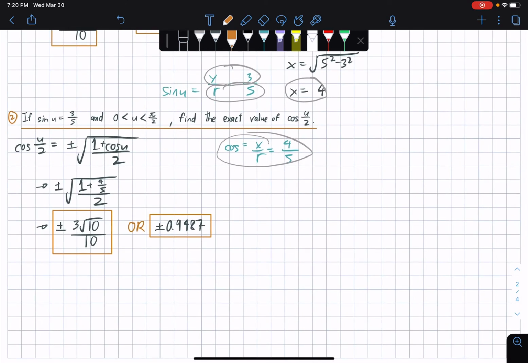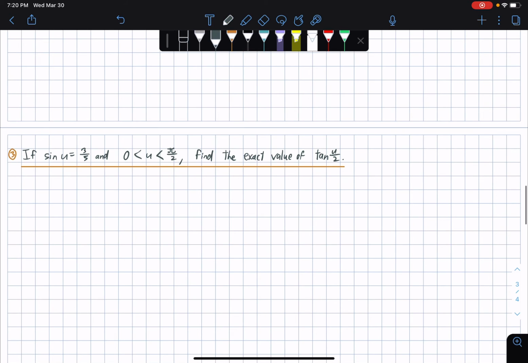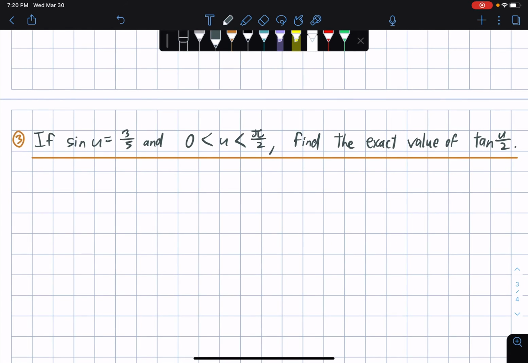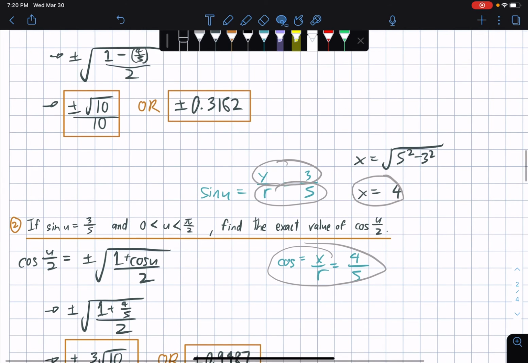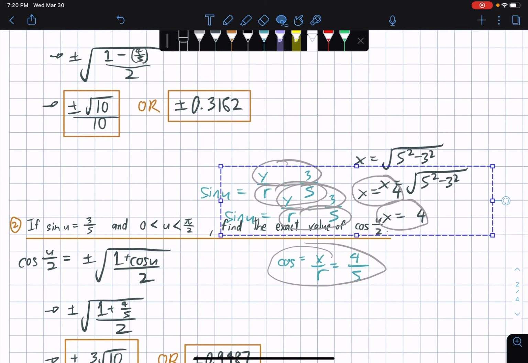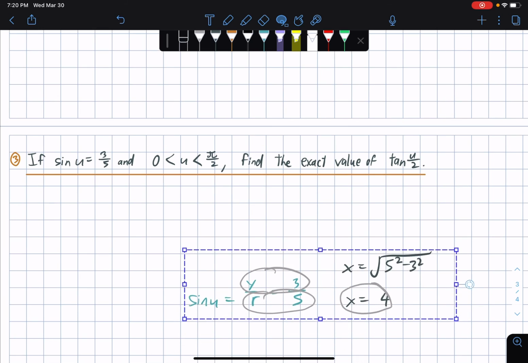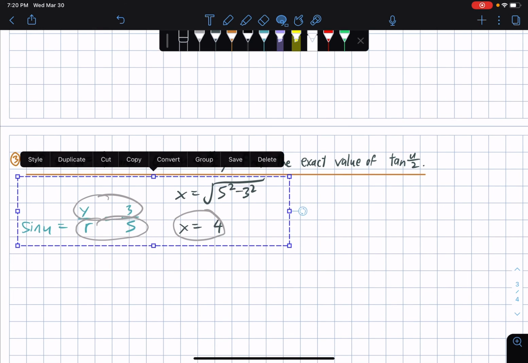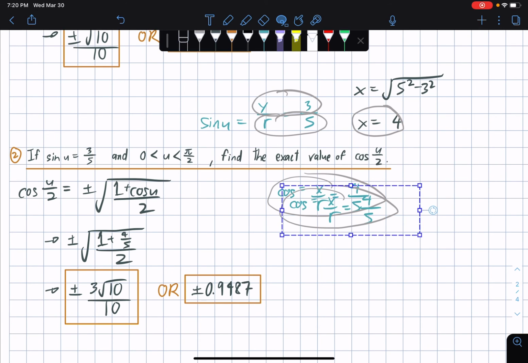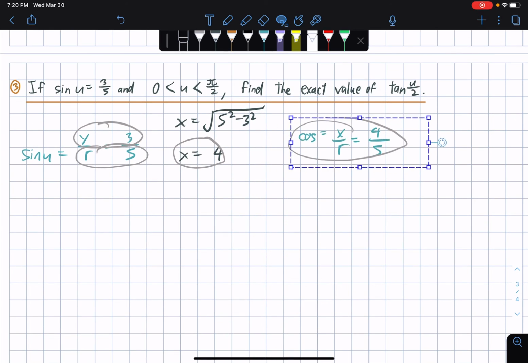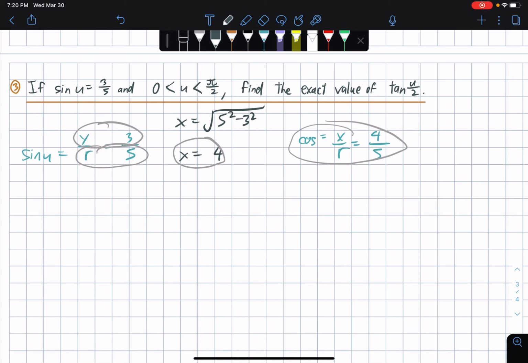Alright, so let's move to number 3. If sine u is equal to 3 over 5, we're still given the same. So just copy this. Again, hopefully it's not by coincidence. Then for cosine, it's 4 over 5. Find the exact value of tangent u over 2.